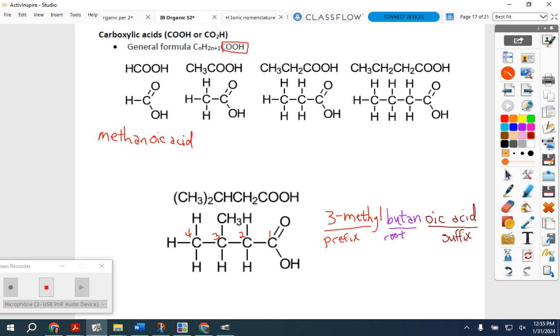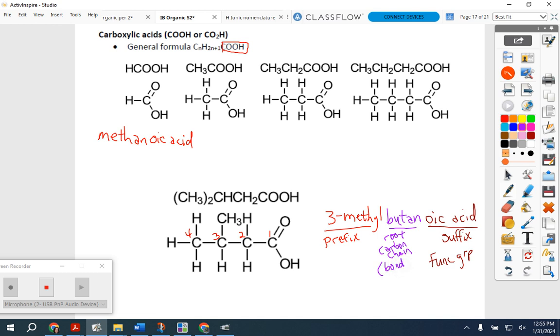So the suffix is our functional group. Our root is going to be our carbon chain and bond type.